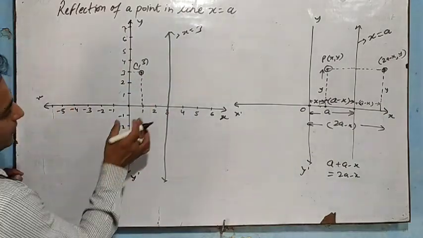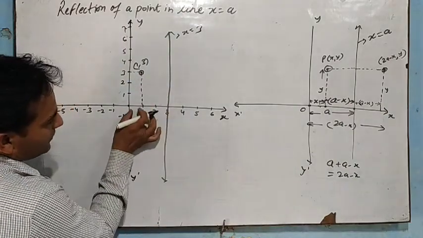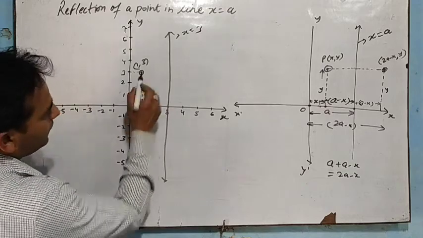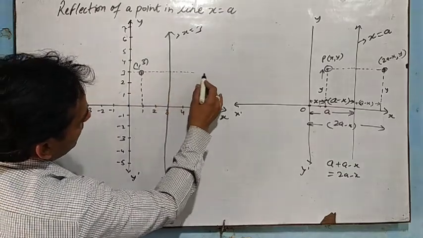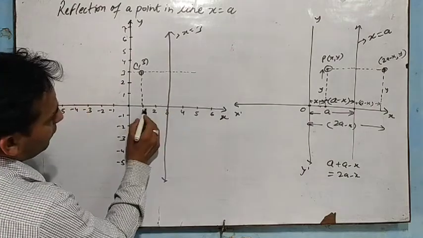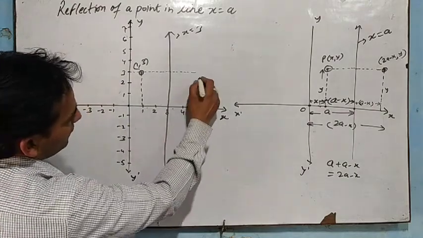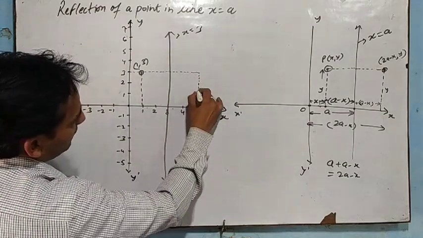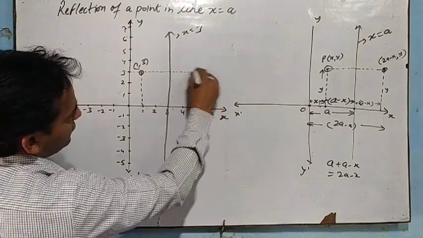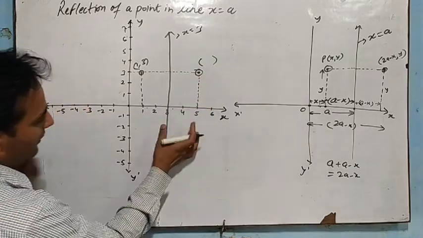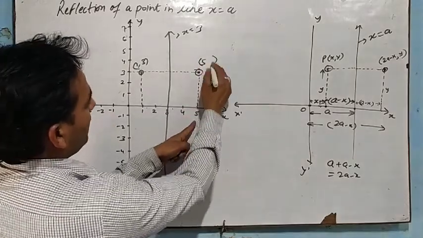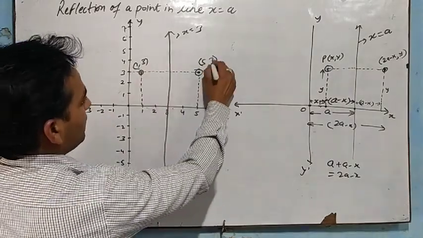Okay, so if this distance is 3, this is 1, remaining will be 2. The same distance our image also will be following: 1 unit, 2 unit, 1 unit, 2 unit. So in front of 5, here we will get the reflection of point P, and this point will be very easily, we can write this is 5 and this distance is 3.